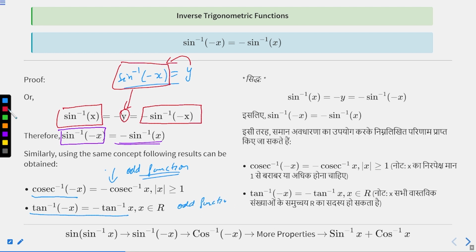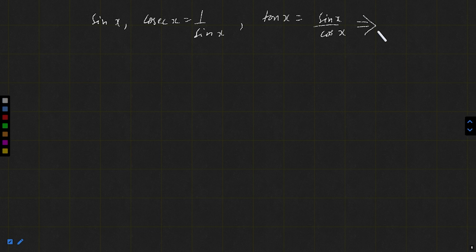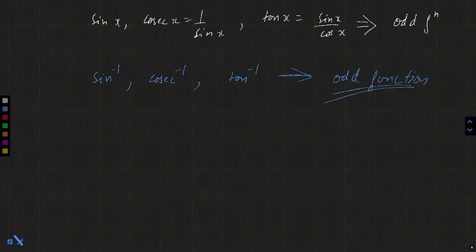If you make some observation: the normal functions sine, cosec, which is 1 upon sine, and tan x, which is sin x by cos x, are all odd functions. And in inverse trigonometric functions, sine inverse, cosec inverse, and tan inverse are also odd functions. This one is interesting.